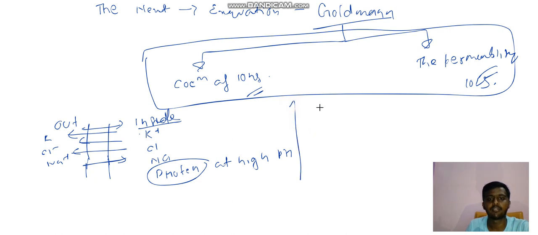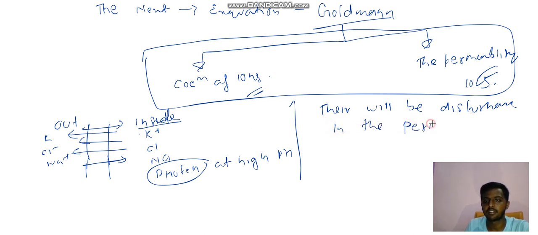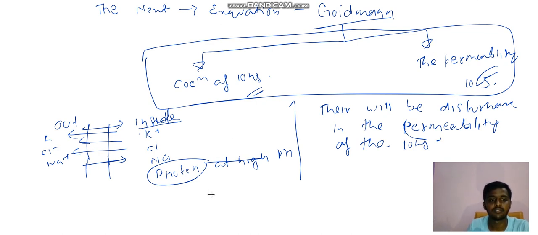So what will happen? There will be disturbance in the permeability of the ions. Okay, and this is known as the Gibbs-Donnan effect.